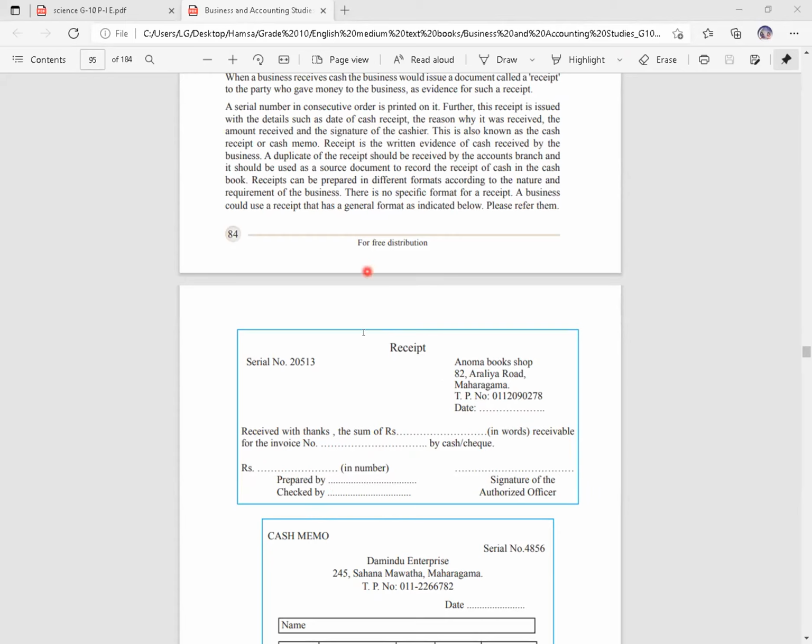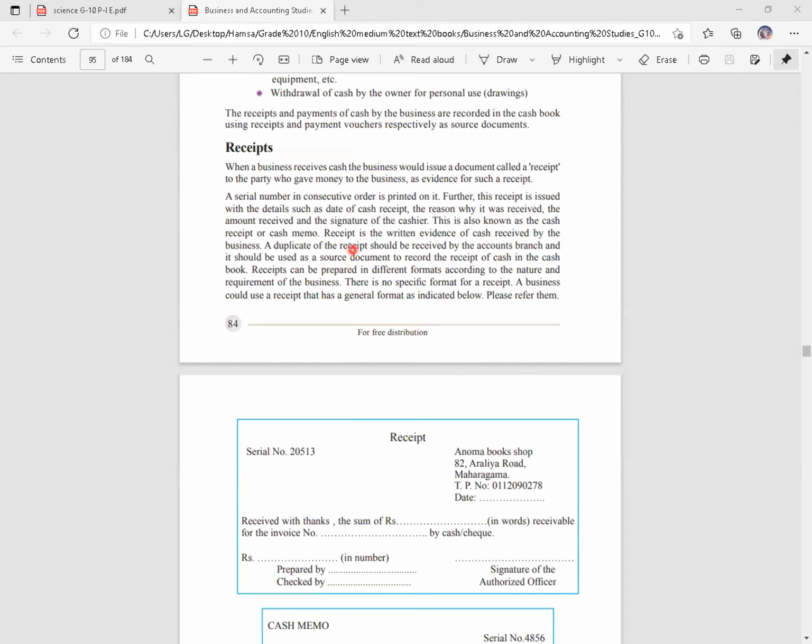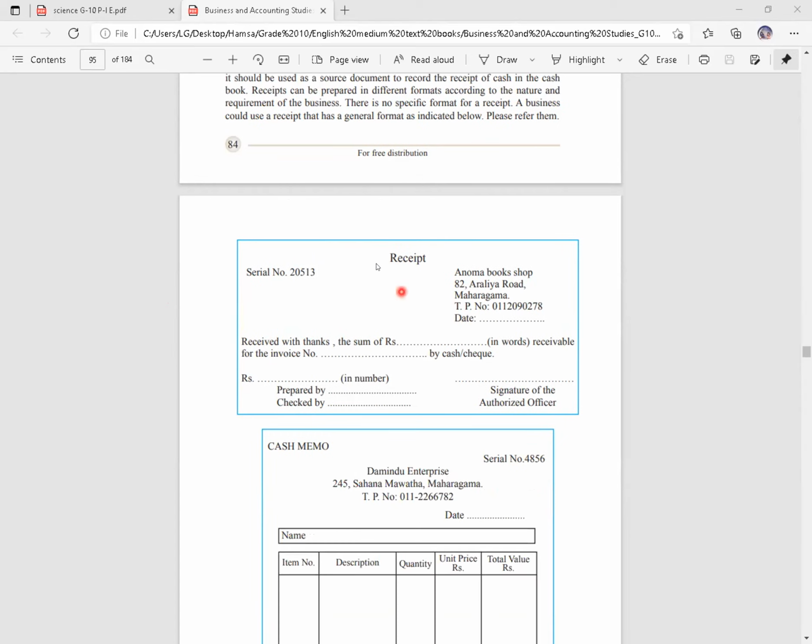This is also known as a cash receipt or cash memo, so we give it that name. The receipt is the written evidence of cash received by the business. A duplicate of the receipt should be received by the accounts branch, and it should be used as a source document to record the receipt of cash in the cash book.